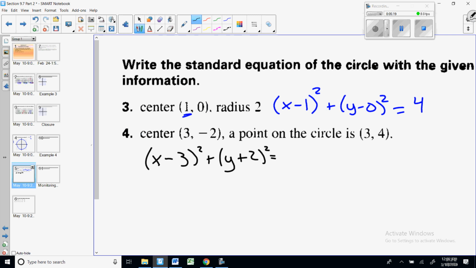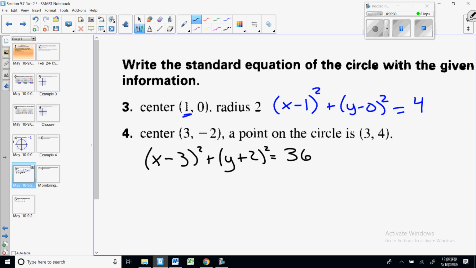Because both of those x-coordinates are the same, the distance from your center to the point in a circle is just how far you're moving in the y direction. So you go from -2 to +4, you're moving how many units? Okay, exactly, it's 6. So we're going to make 6 squared be the right-hand side of our circle's equation, and that's 36.